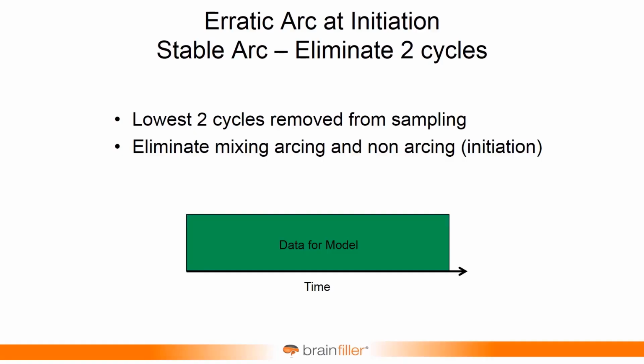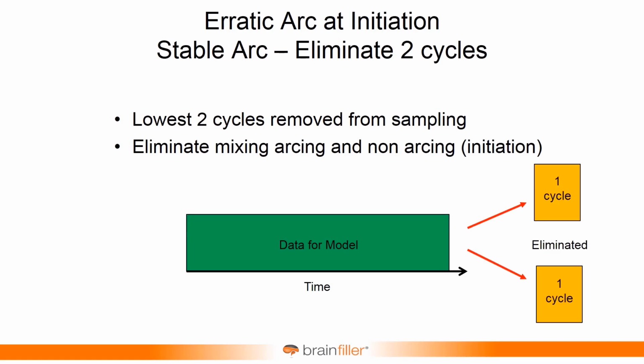For the next edition of IEEE 1584, all of the data was analyzed, and it was placed sequentially from maximum to minimum, and the 2 lowest cycles were kicked out. And that's when you get into this basically mix, where it's partly a bolted short circuit, the wire is melting, the fuse wire, it's transitioning to arcing, it's really erratic, and it actually behaves a bit unbalanced, which is why grounding factored into this, because you had a bit of an unbalanced current there in the beginning.